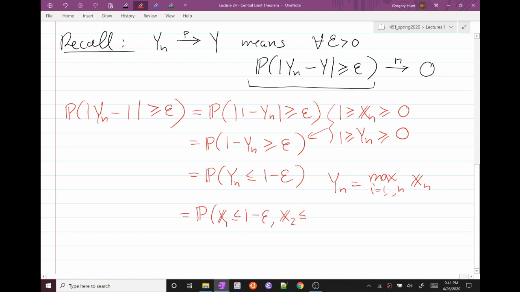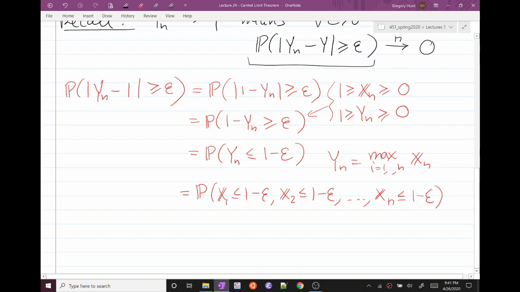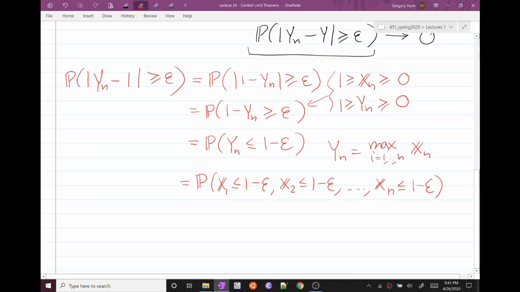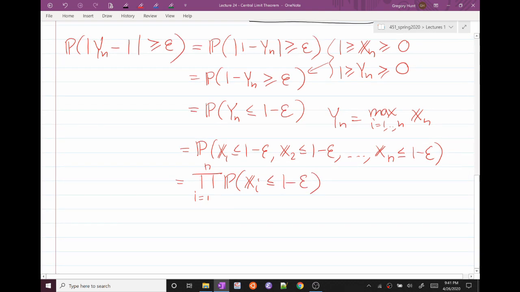So X1 has to be less than or equal to 1 - epsilon, X2, and all the way up to Xn must be less than or equal to 1 - epsilon. And because they're independent, we can just calculate this as a product. So it's the product of the probabilities that each of these Xi's is less than or equal to 1 - epsilon.